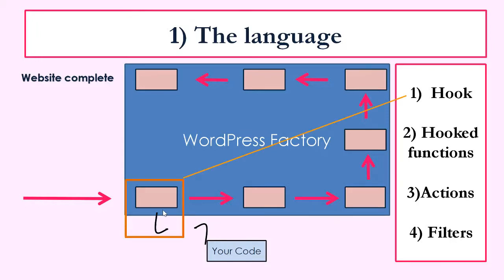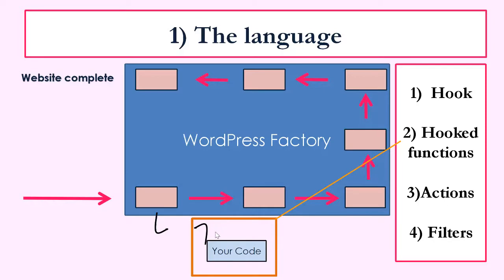That step that we want to hook our function to, what we create there is a hook. And then the code that we use, we call that a hooked function. So we can attach that code to one of the steps. Now that code can be either an action or it can be a filter.